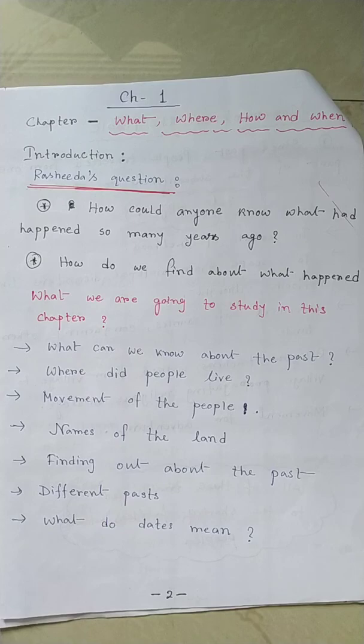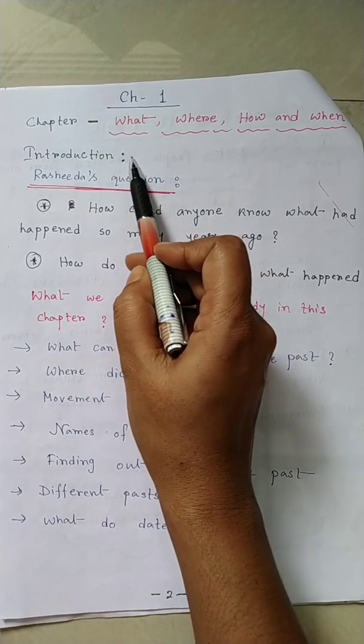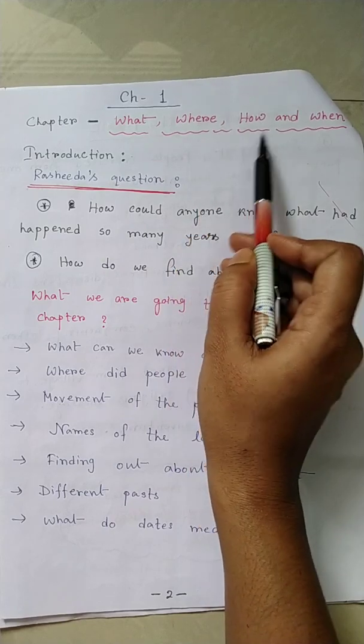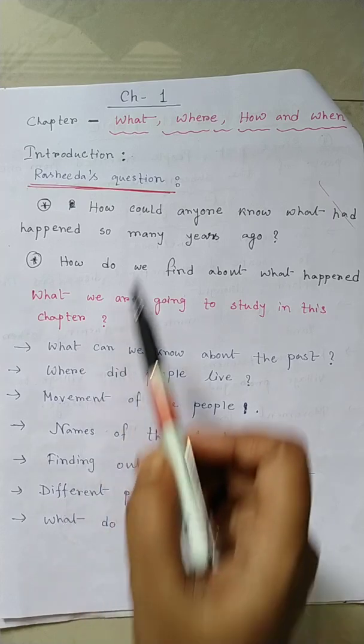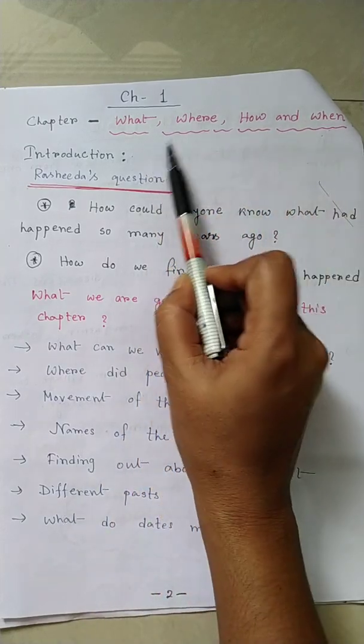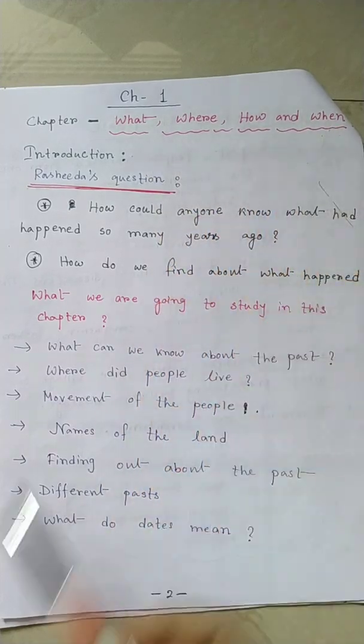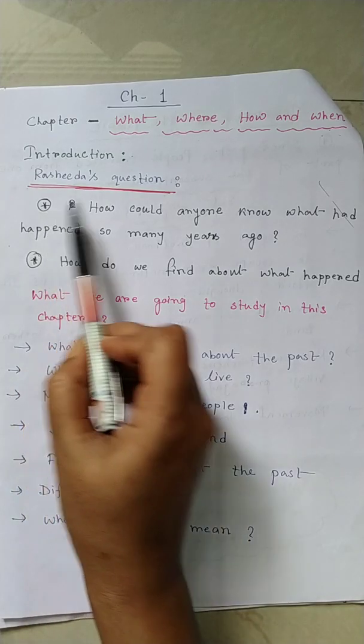Now, let's start with the chapter. The name of the chapter is What, Where, How and When. Our chapter starts with these 4 questions: what, where, how and when. Gradually we will know all the answers. Now this chapter starts with Rasida's question.